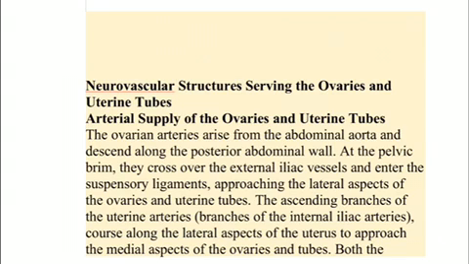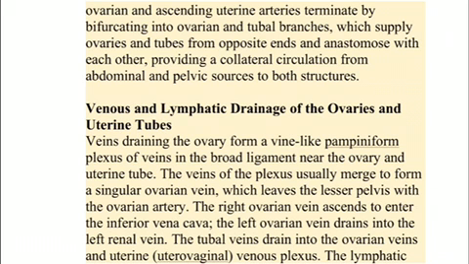Both the ovarian and ascending uterine arteries terminate by bifurcating into ovarian and tubal arteries, which supply the ovaries and uterine tubes from opposite ends, and there is anastomosis with each other. This gives a collateral circulation between abdominal and pelvic structures, so both enjoy the collateral circulation.